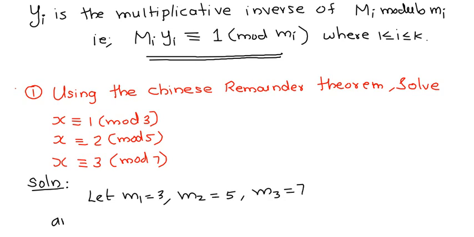What is capital M? Capital M is the product of m1, m2, m3, so 3 times 5 times 7, which is 105.